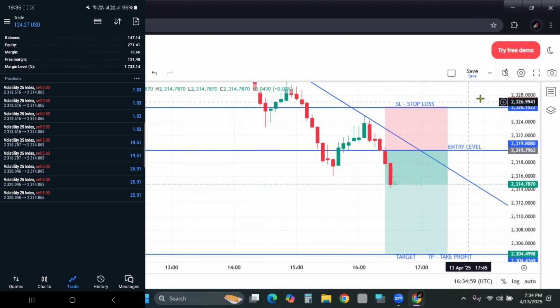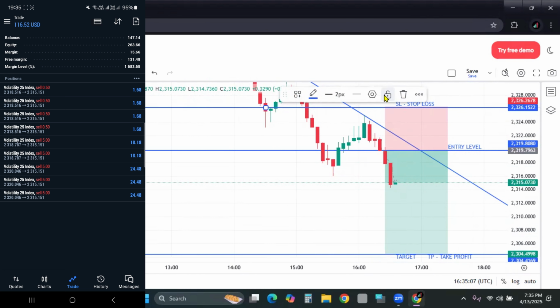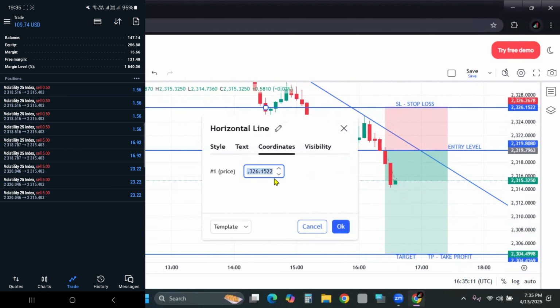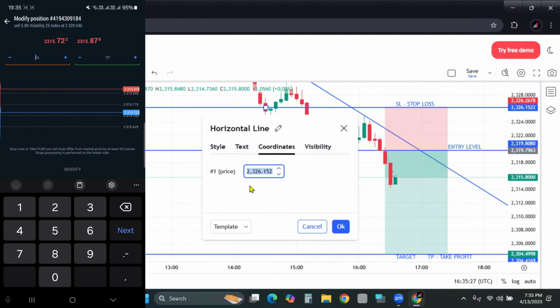So you check the quotes. Use these quotes. You need to see them clearly and check. I use this blue line. So I'll put these quotes. Just swipe like this. Click on the pen. Then you come to stop loss.